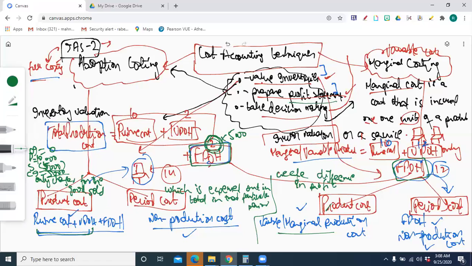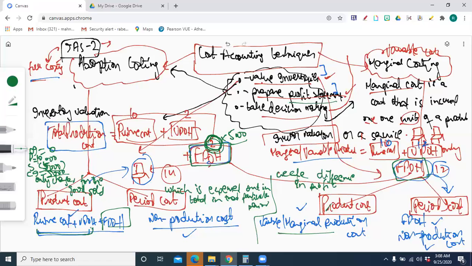So every item sitting in your warehouse, not yet sold, carries a charge of 2 as a result of absorption, right? Because absorption charges fixed overhead to units. So it is carrying that charge, holding it up for you, and until these units are sold, that charge won't be released in that period.